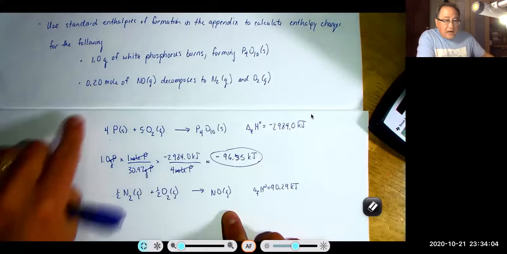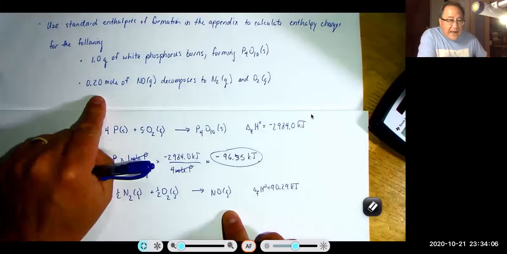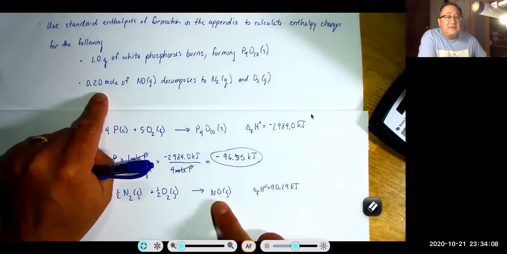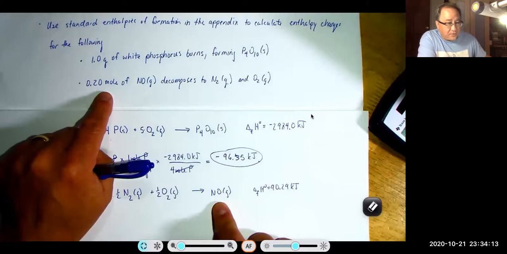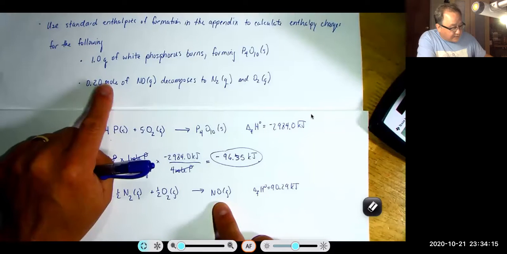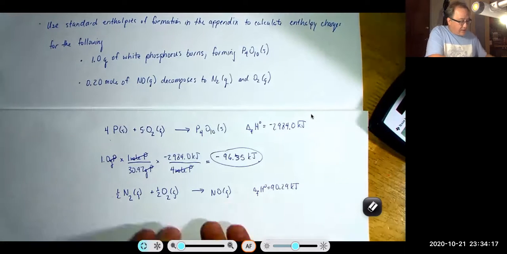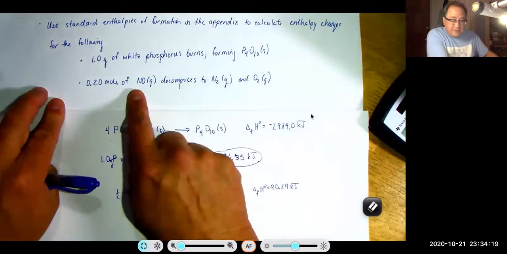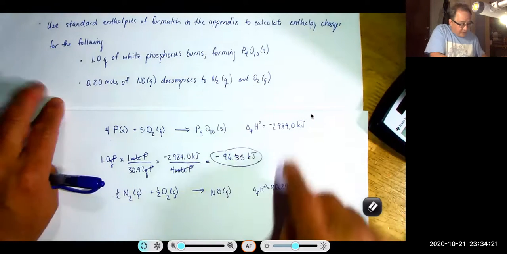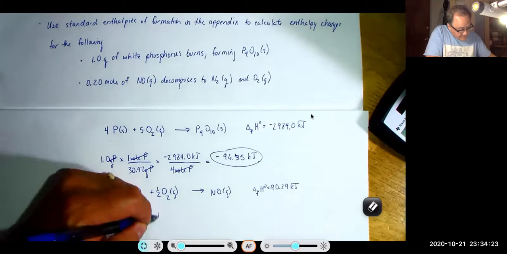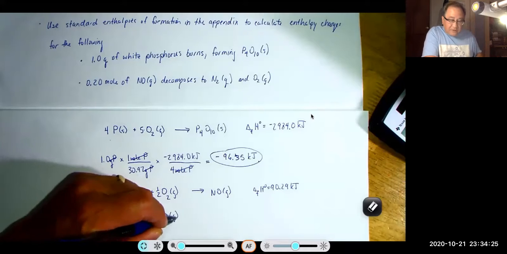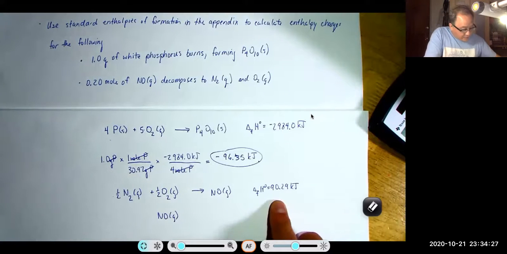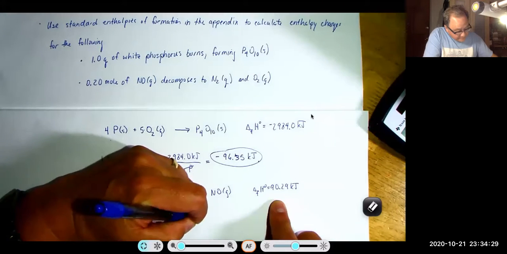So here, I want to react 2.0 mole. And actually, I shouldn't say I want to make 2.0 mole. I want to decompose this. So here, this is going to be decomposing into this and this. So I've got to reverse this reaction. So this is the enthalpy of formation reaction. I can reverse the reaction.